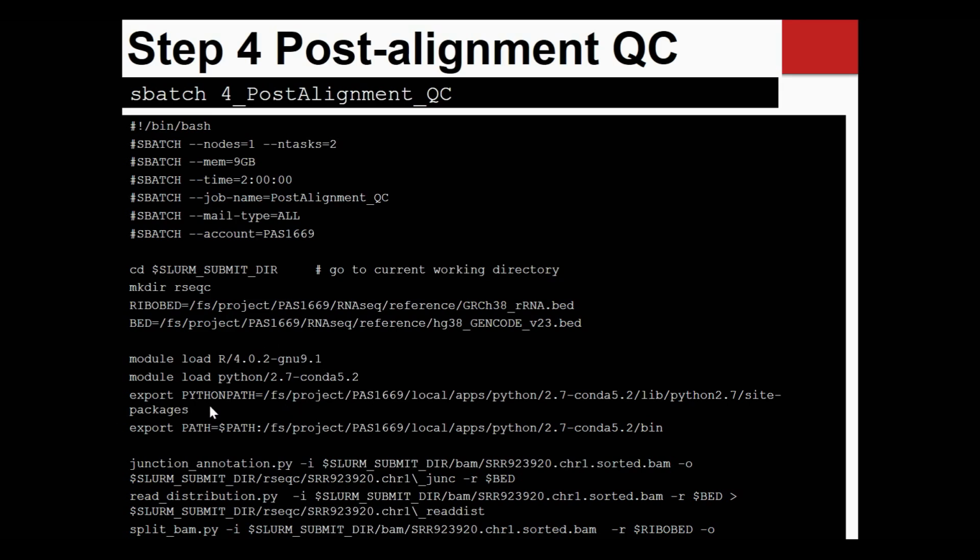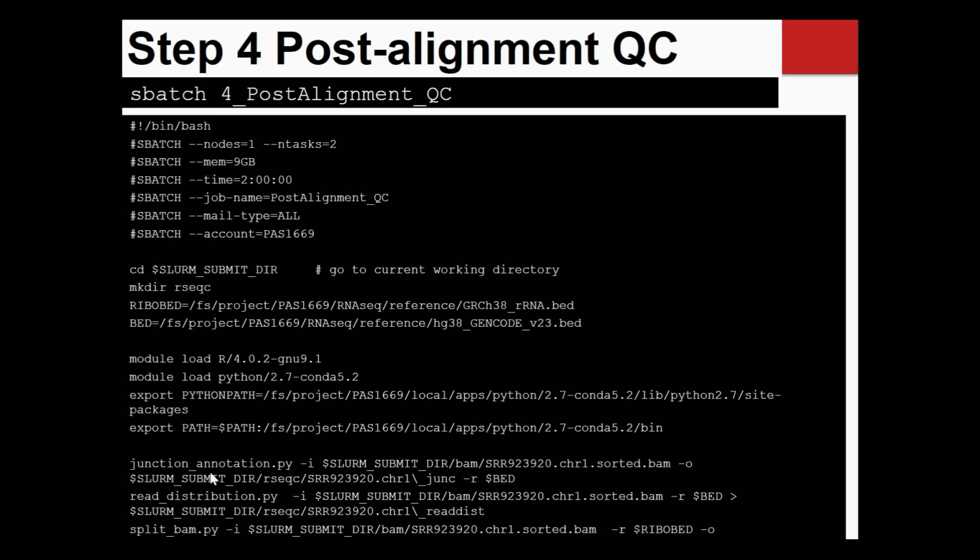And then in order to run RSeQC, this is a Python package, so we have to load Python. I usually use the Python 2 version. And you need to export some Python paths to your working environment in order to use this tool. So I just used 3 commands within RSeQC.